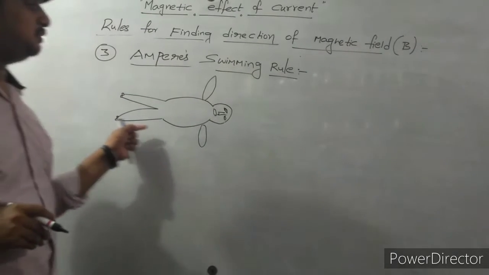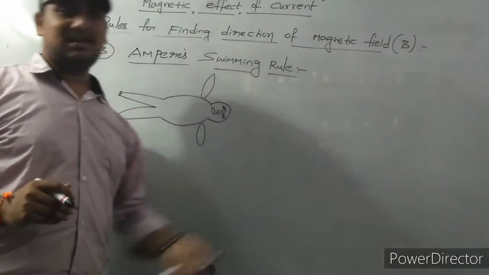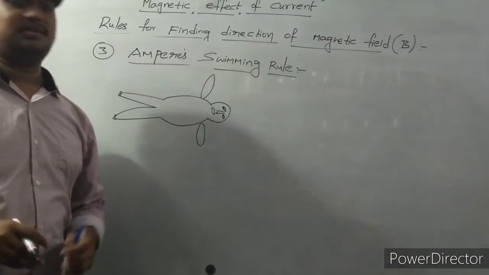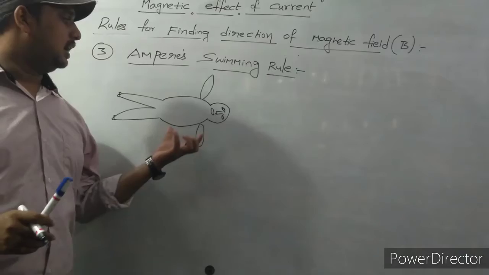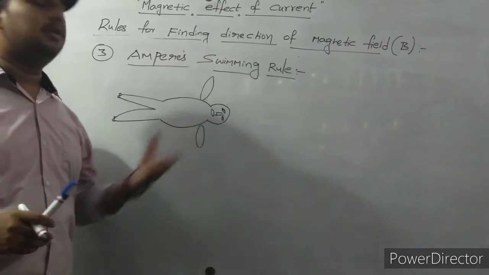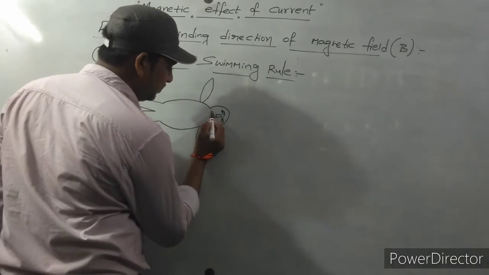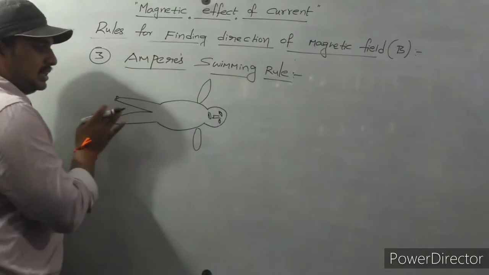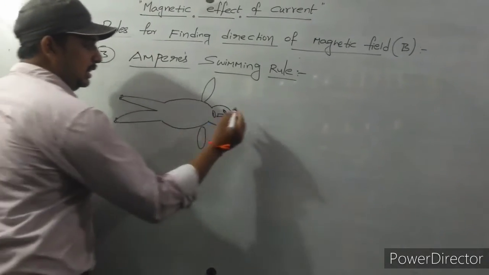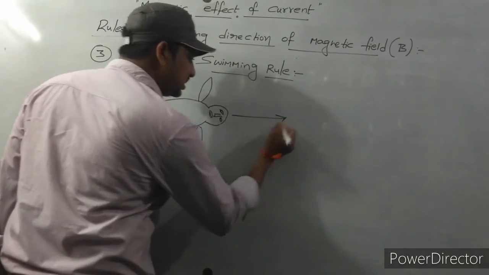This person is swimming in water. Please observe carefully, this is a quite easy rule. Here is a person swimming in water. He swims in this direction.